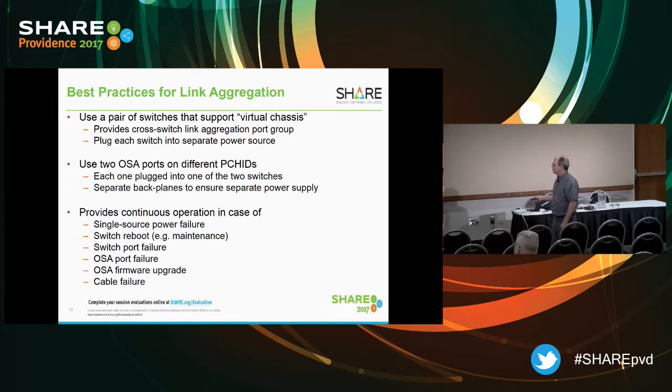I've got switch port failures, OSA port failures, a firmware upgrade takes your OSA offline. I'm applying a firmware patch, and it says it's concurrent, but it really goes offline briefly, or I need to do a config off-on to make it happen. Okay? It makes it a lot easier to handle these sorts of things.